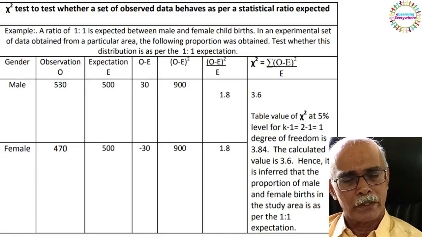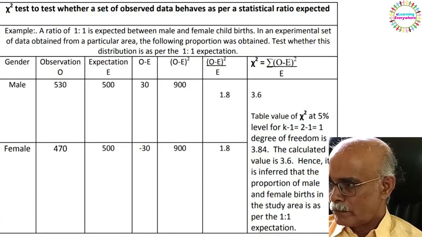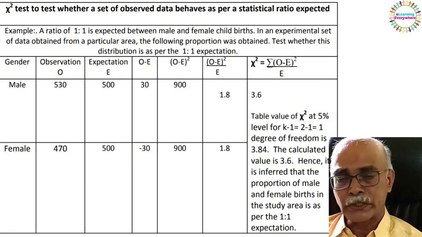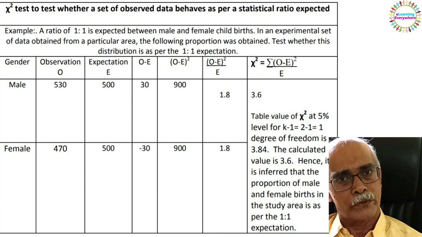And the example is like this. It is given to you. A ratio of 1:1 is expected between male and female childbirths. Generally, that is your usual expectation.